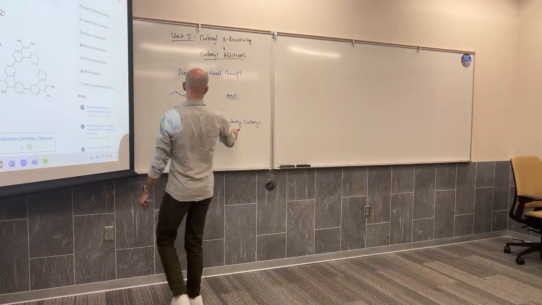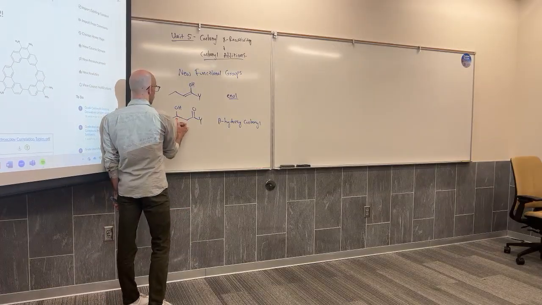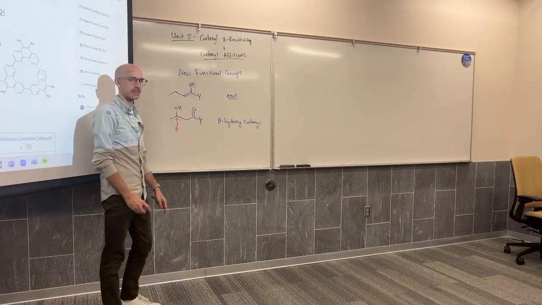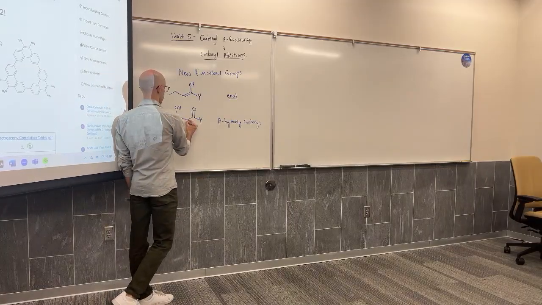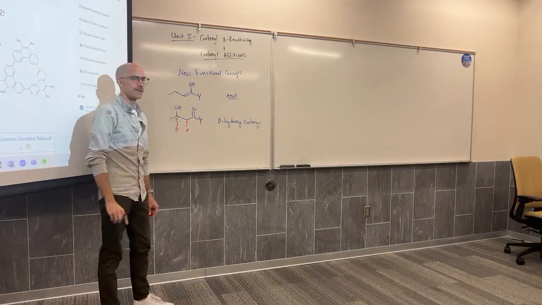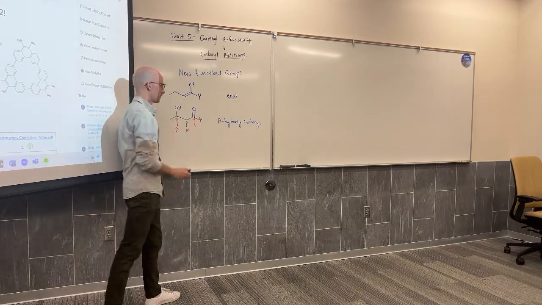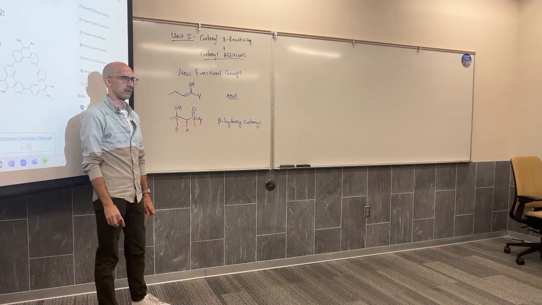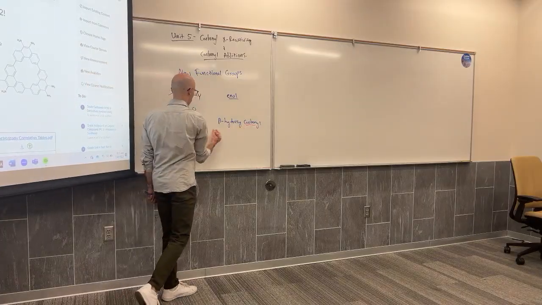Hydroxy implies the alcohol, which means that this must be the beta carbon. Do you guys remember us calling it that, the beta carbon? And what did we call this? The alpha carbon. Then how do we refer to this? Carbonyl carbon, exactly. Which is why we've got that, carbonyl.